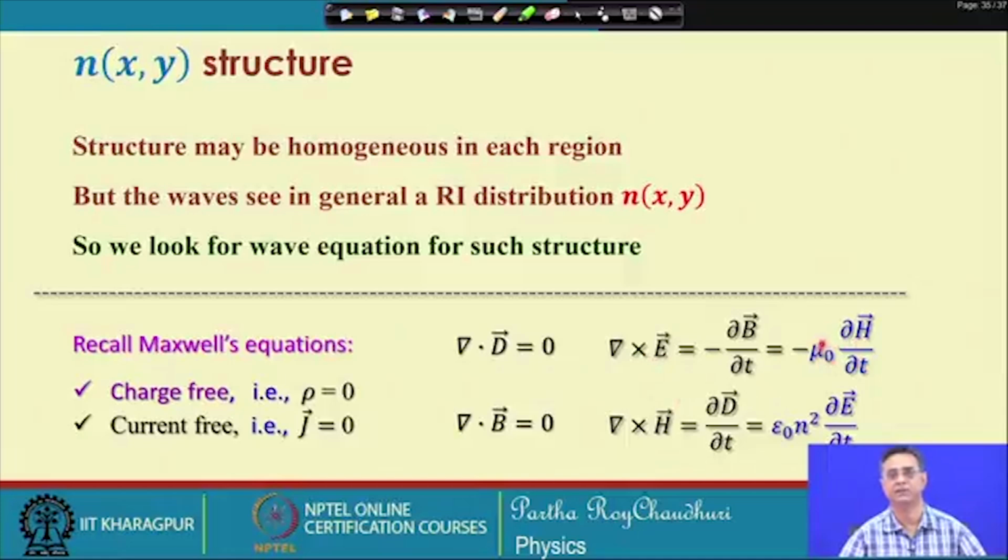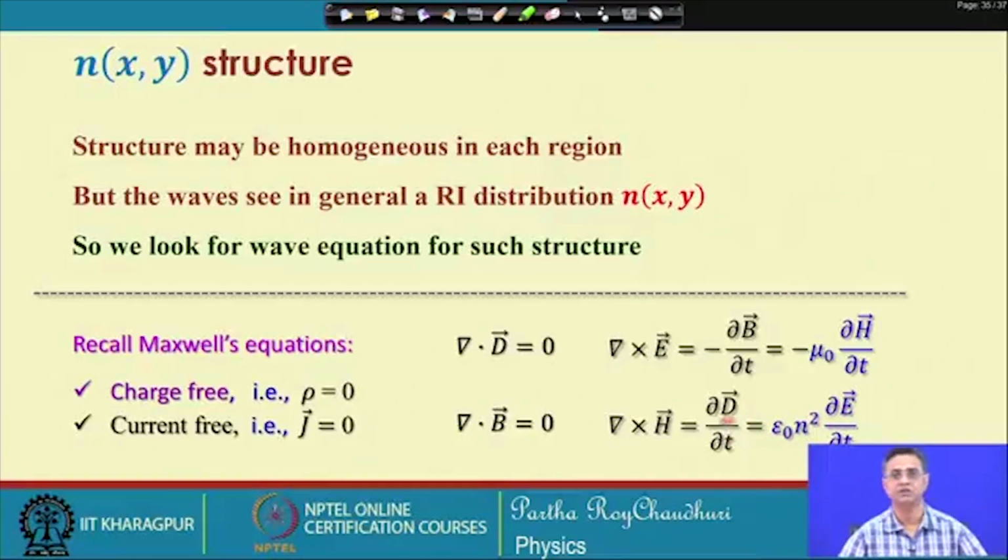So, you can write mu naught, the free space permeability, times del H del t, and for del cross H, I have epsilon, the permittivity of the medium of each of the layers, which you can write as epsilon naught n square, n being the refractive index, times del E del t.